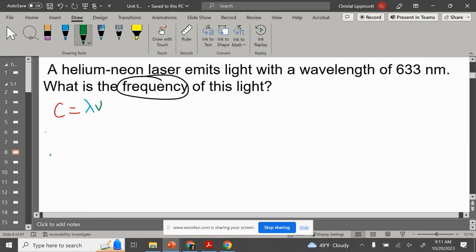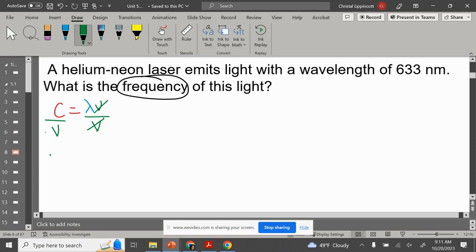Okay, I'm going to try to color code everything for you guys. I need to get frequency by itself. What do I do? How do I get this guy right here by himself? You divide it by lambda. Yes. So I'm going to divide this side by lambda, and I'm going to divide this side by lambda.